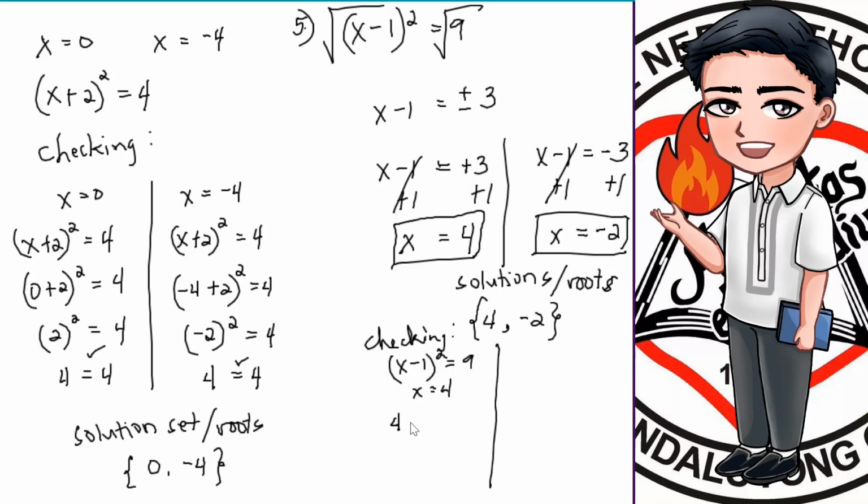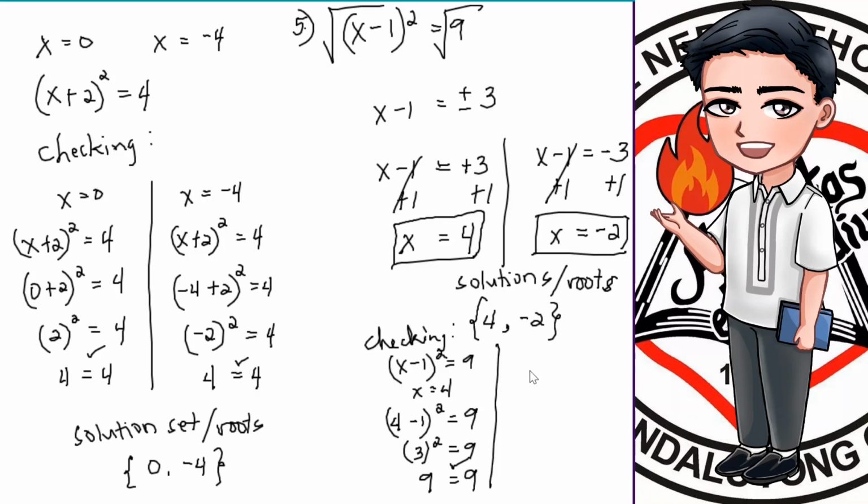So that is (4 - 1)² = 9. Right? So 4 minus 1 is 3 squared equals 9. 3 squared will give us 9, therefore 9 is equal to 9.